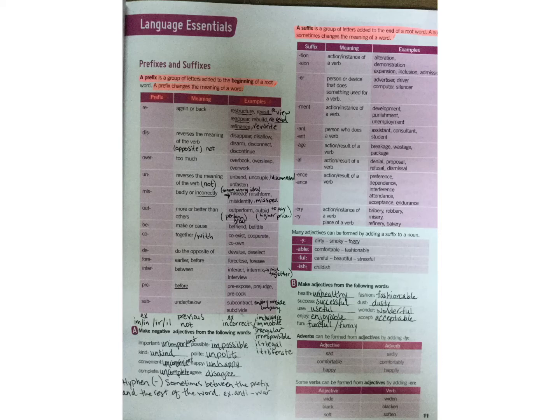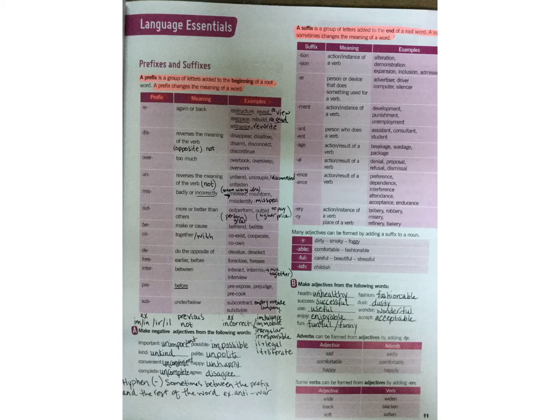What does misinform mean? That means that you have informed someone of something incorrectly. We have pre as a prefix, meaning before. We have expose, judge, cook, that change to preexpose, prejudge, precook. So these are some of the prefixes in this unit.